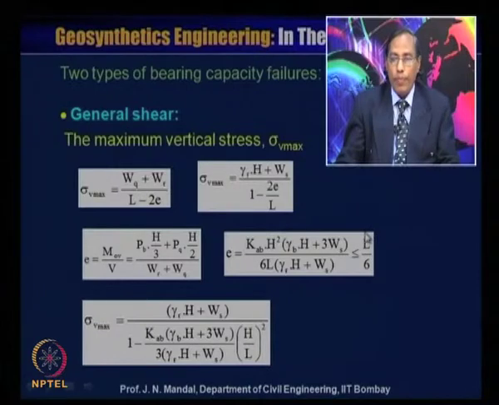And then you can calculate the sigma V maximum. So you substitute this E value in this equation, and then you can calculate sigma V maximum, which is equal to gamma R into H plus Ws divided by 1 minus KV gamma V into H plus 3 Ws divided by 3 into gamma R into H plus Ws into H by L whole square. So you know what will be the sigma V maximum.